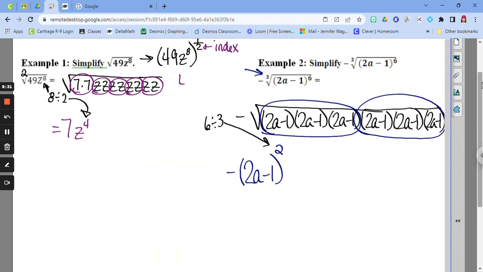So that's 49 to the 1/2 and z to the 8/2, because you multiply the exponents, power to a power. Well, square root of 49 is 7. 8 over 2 becomes 4. So the fractions is something we'll work more with in a couple of lessons, but it is definitely helpful here with these exponents. Okay.